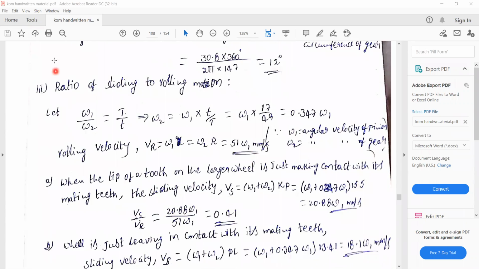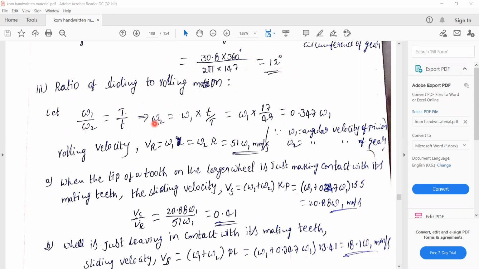Now, ratio of sliding to rolling motion. For getting the ratio of sliding to rolling motion, first we will find the sliding motion and rolling motion. Let us know that omega 1 by omega 2 equals capital T by small t, isn't it? From the law of gearing, omega 1 by omega 2 equals capital T by small t.